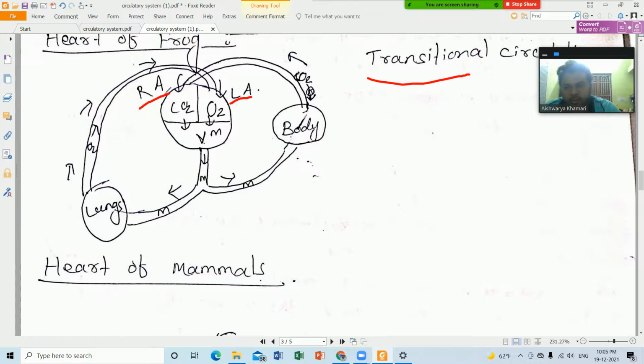From both auricles, the blood comes to the ventricle. There is a single ventricle, where the oxygenated and deoxygenated blood get mixed, and from the ventricle it flows again to the lungs and body. As there is a mixing of oxygenated and deoxygenated blood, these kinds of animals are sluggish in nature.